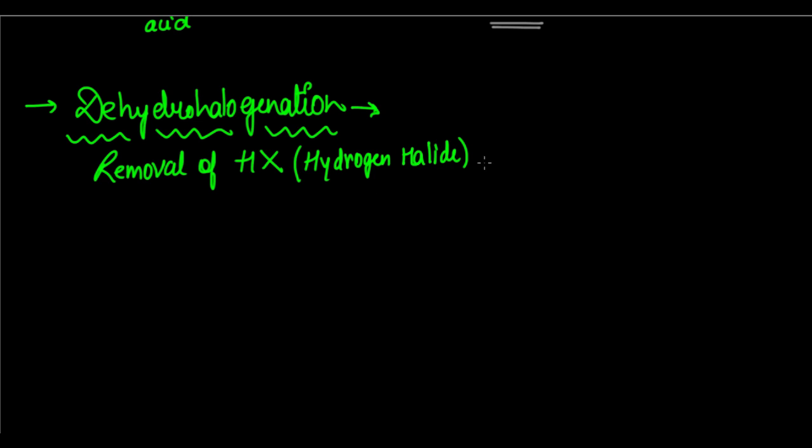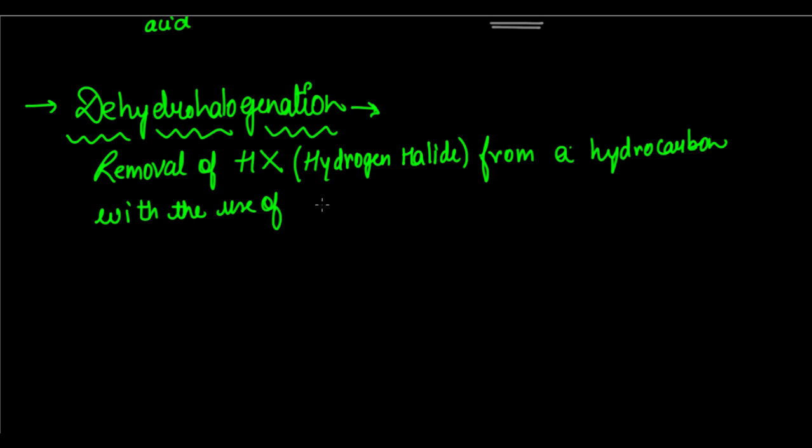Removal of hydrogen halide from a hydrocarbon containing a halogen, with the use of alcoholic KOH, not aqueous.